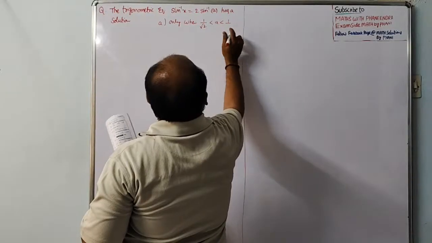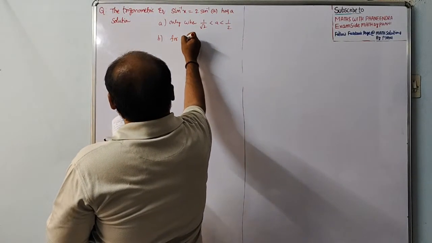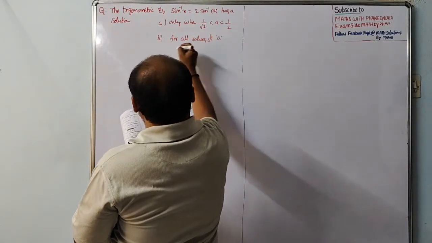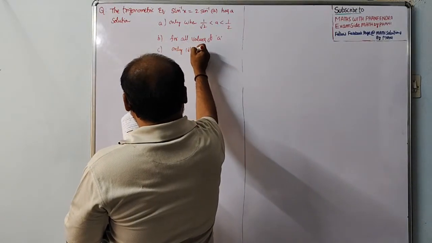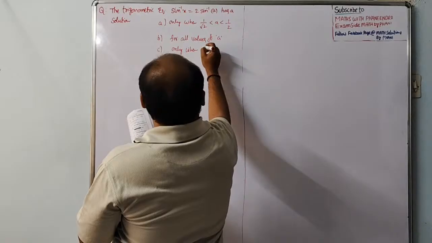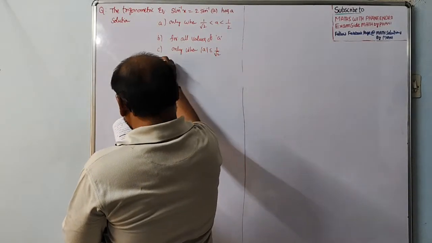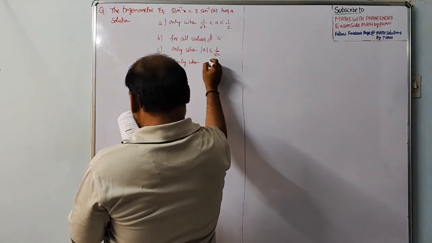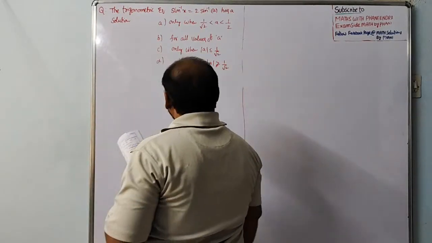Second option, for all values of a. Third, only when mod a is less than or equal to 1 by root 2. Fourth, only when mod a is greater than or equal to 1 by root 2.